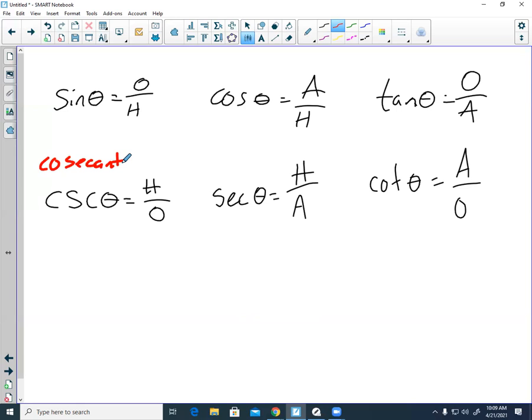Tangent has no CO, and cotangent does have a CO. So that's the way that I always relate it to myself, because I know sine, cosine, and tangent already. But if I'm thinking about this, tangent and cotangent, that should be easy. You know, those go together. With cosine, I just pair it with the one that doesn't have the co. And for sine, I pair it with the one that does have a co. So that's the way that I've always remembered it, and it's made the most sense to me. If you have a different way of remembering it, that's fine. But it's just something that should hopefully help.